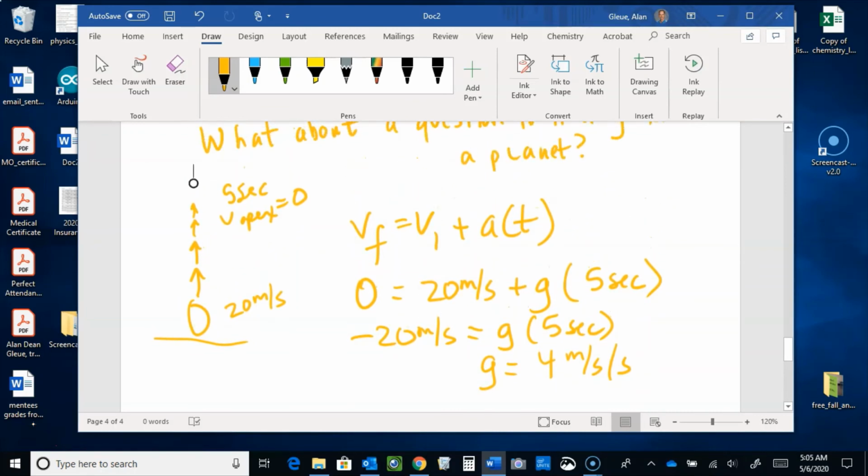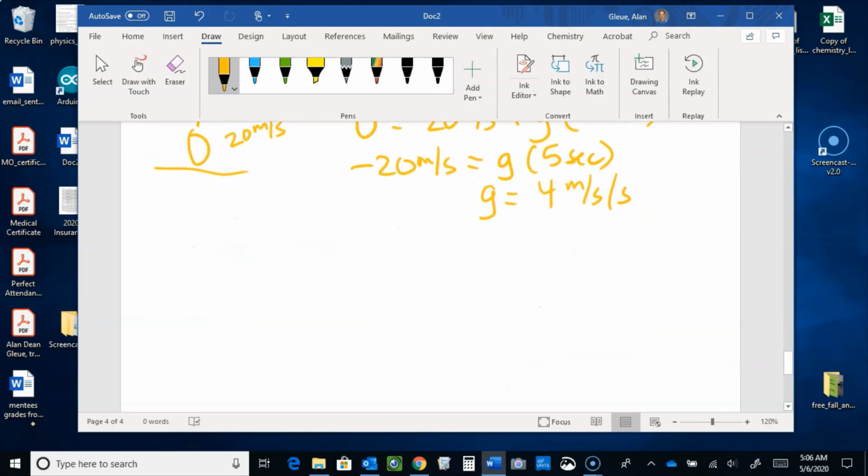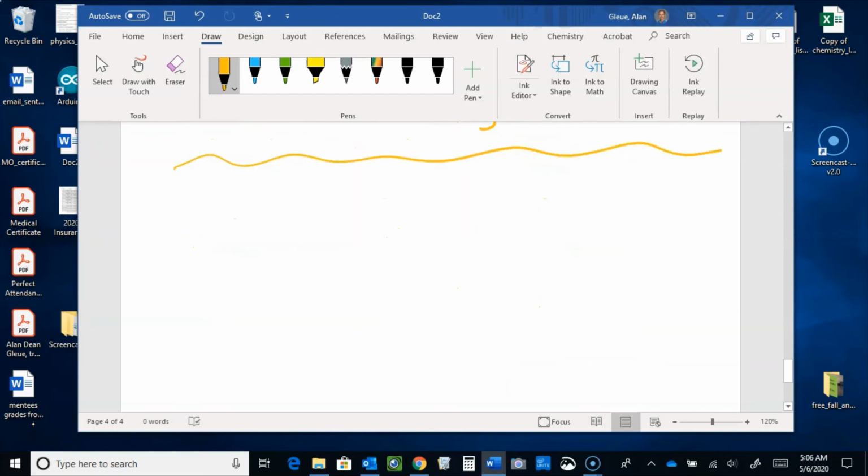Now they might instead tell you how far that object goes up on some planet before it stops. So instead of giving you time, they might give you how far up the ball goes before it stops. So let's maybe just work one of those problems.